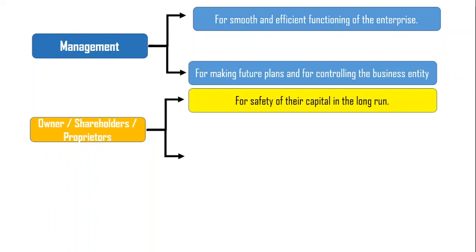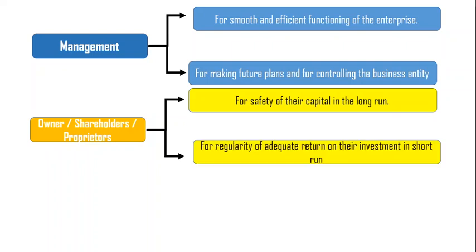In the long run, the shareholder who invests money, the proprietor, the owner who invests money in his business, wants to be sure that his capital invested in the business is safe in the long run. And also he wants to know the regularity of the returns on his investment in the short run. If I talk about a single person handling the business, then his own money is invested.